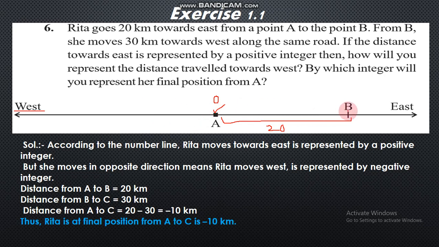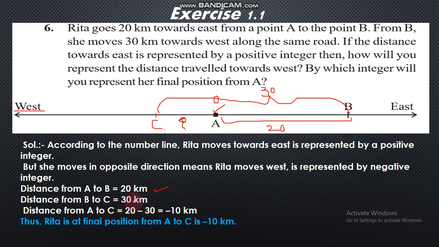Let us consider that after traveling to the west side, she reached a position which we call C. From B to C, how much distance did she cover? That is 30 kilometers. So what we have to find out is the distance of Rita from C to A. Distance from A to B is 20 kilometers.